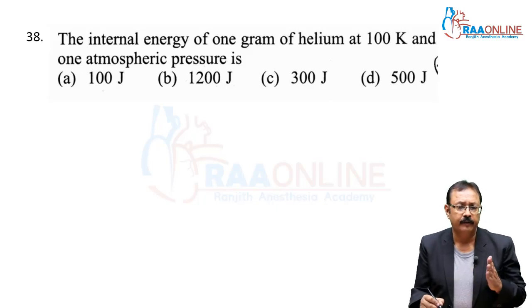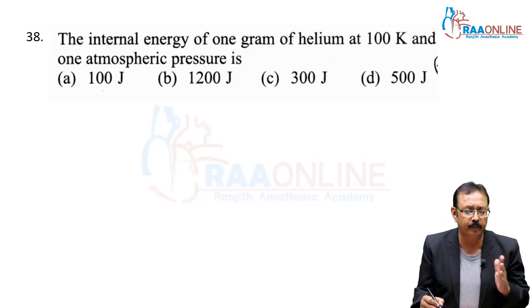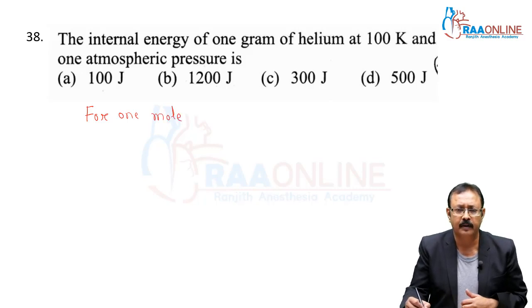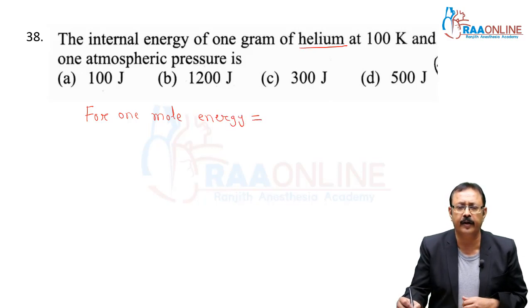We calculated for 1 mole of gas, we have the complete derivation. Helium is monoatomic. We did the derivation for monoatomic only. For 1 mole, the energy required was 3 by 2 RT.